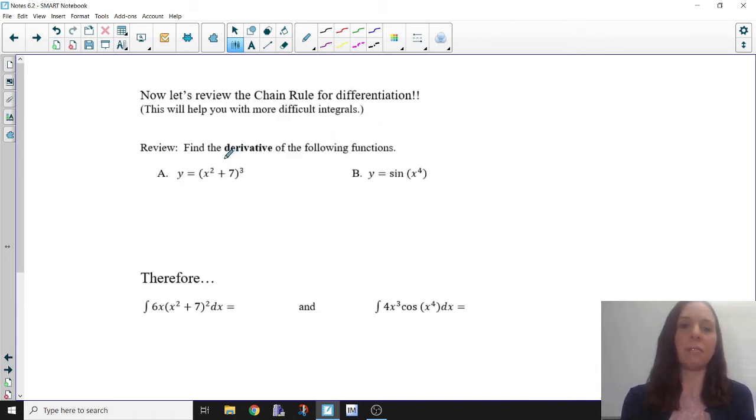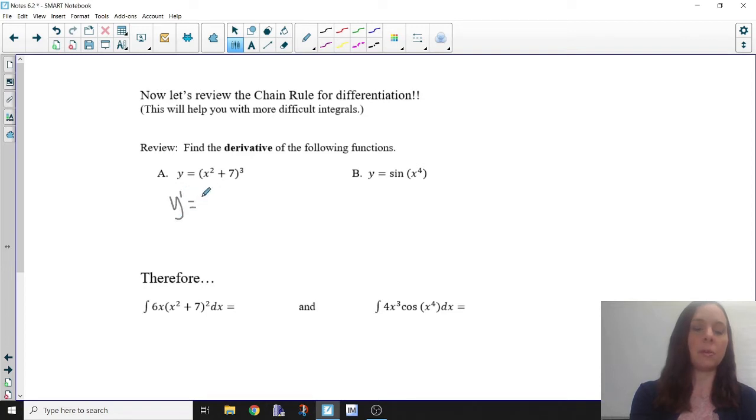In A, we have the quantity x squared plus 7, all raised to the third power. We're going to do a derivative, which we can denote as y prime, or dy/dx. We're going to use the power rule with the third power first, and then also chain rule. The 3 is going to come down in front of the parentheses.